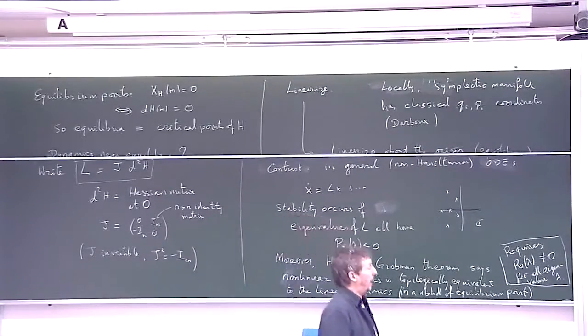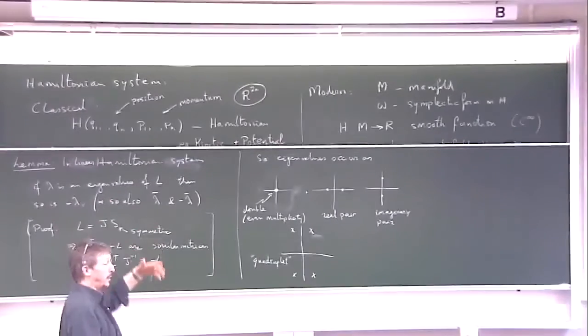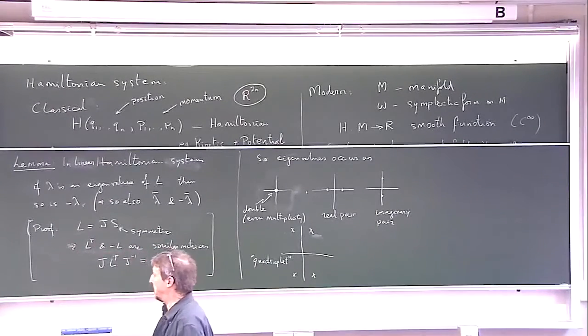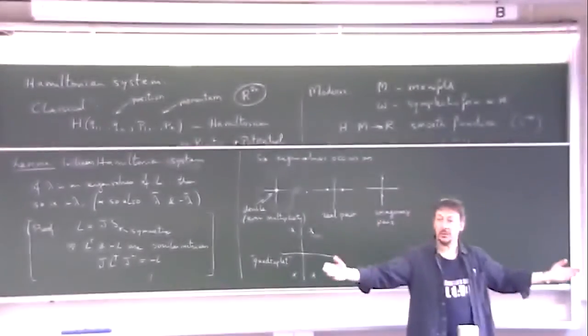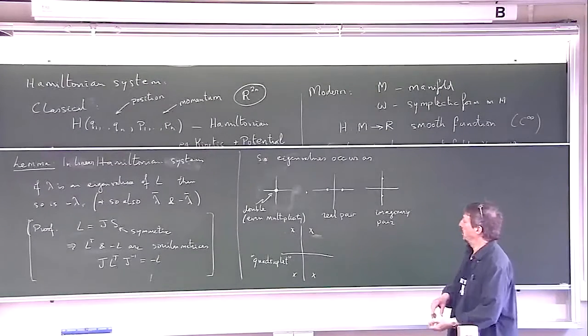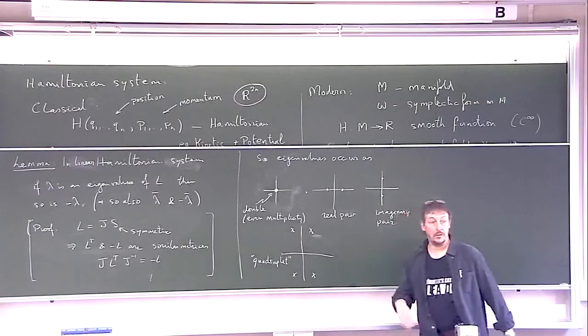So because of this lemma, any Hamiltonian linear matrix, which is like this, has, maybe it's a large dimensional space with many, many eigenvalues, but it's a union of sets like these.